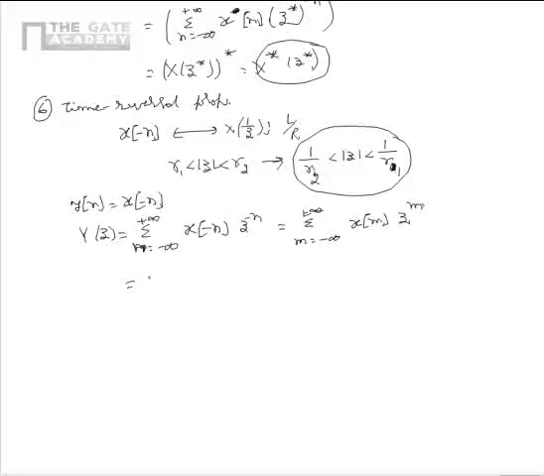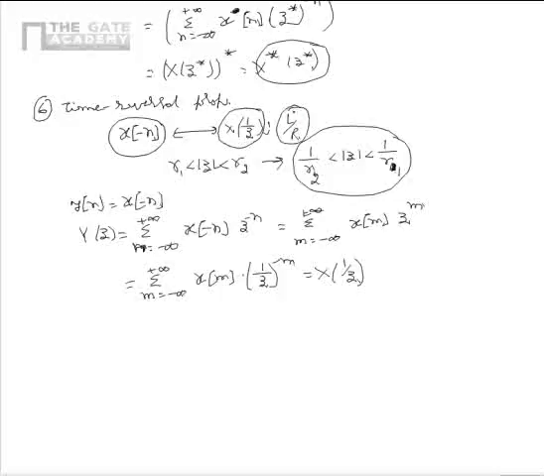This can further be simplified as sigma m equal to minus infinity to plus infinity x of m multiplied by 1 by z whole power minus m. So this is equal to x of 1 by z. So from this we see that the z transform of the time reversed version is equal to x of 1 by z with ROC being 1 by r.